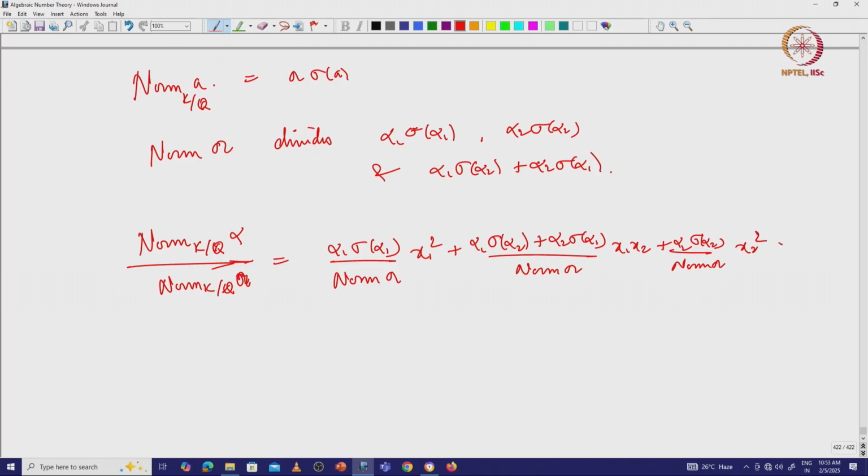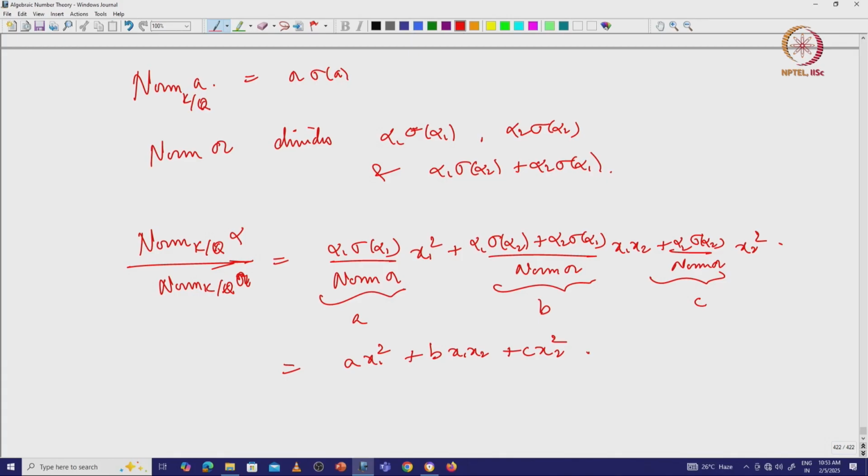Okay. So, I will denote these by A, B and C. So, you get A x1 squared plus B x1 x2 plus C x2 squared. Okay. And you can show that this thing is independent of the choice of basis up to equivalence.